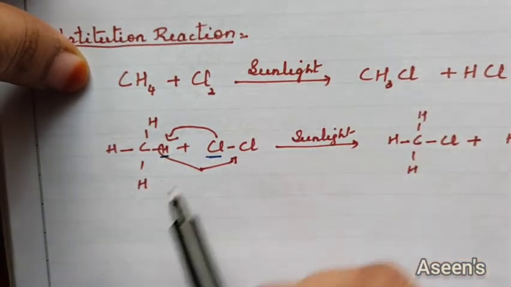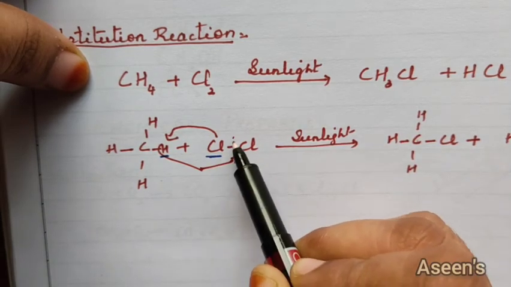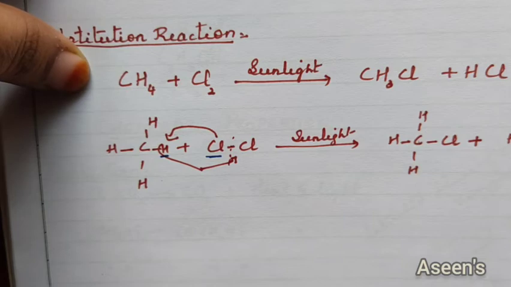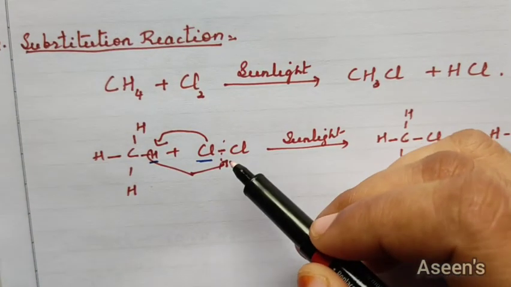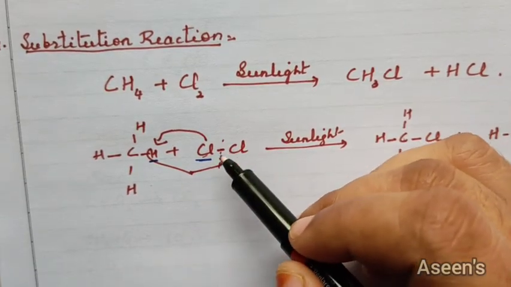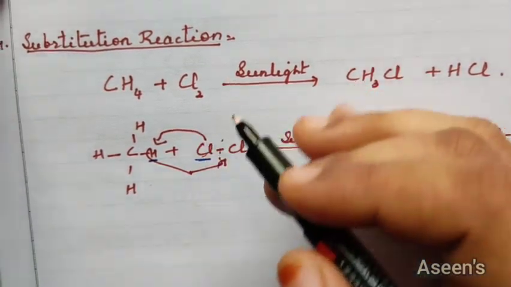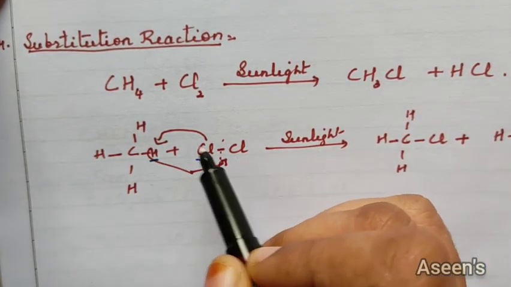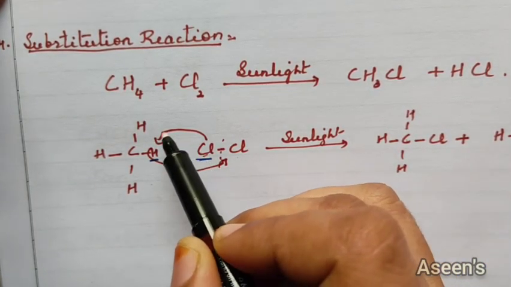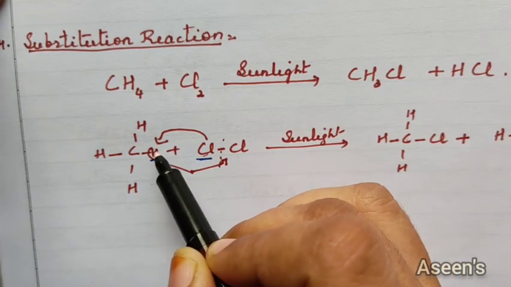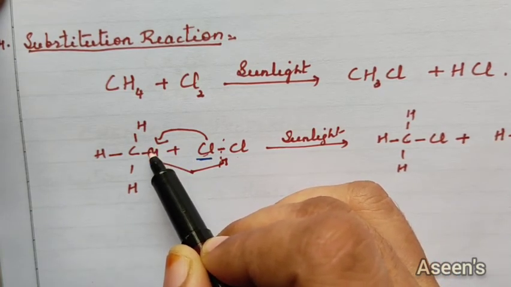Now in the presence of sunlight, the bond between the chlorine molecule is broken, and because of that, these chlorine atoms will be free. These free chlorine atoms will go and react with the methane. It will target one particular hydrogen and they will substitute.